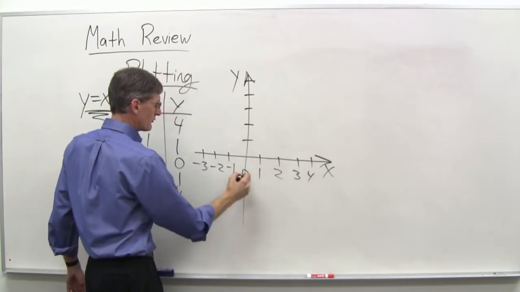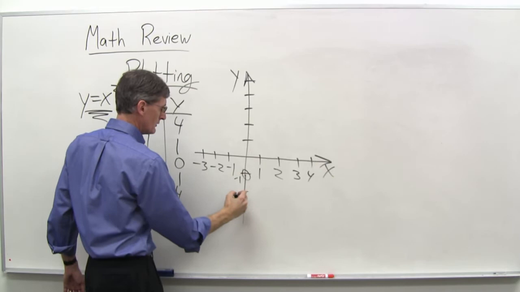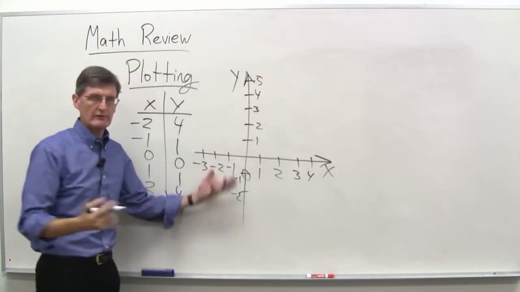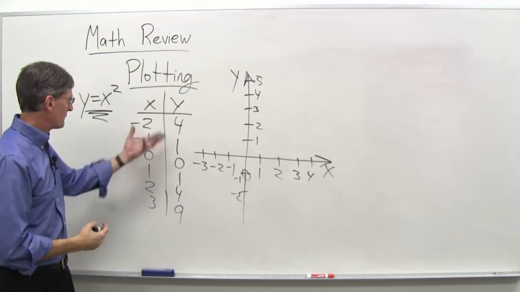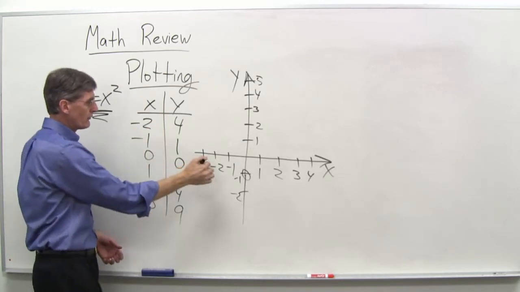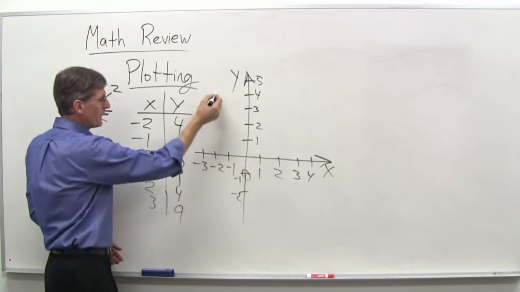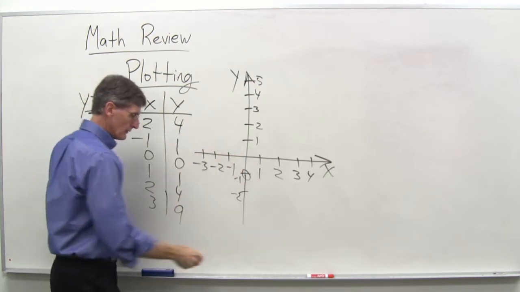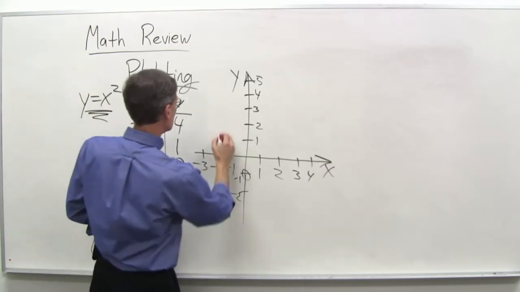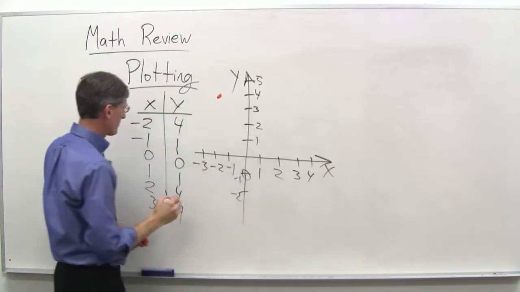And of course, we could be going this way too, -1, -2, 1, 2, 3, 4, 5, etc. And so we plot. So first point, -2, 4. When x is -2, y is 4. So -2, up 4. So there's our point. In fact, let's use red, a little more colorful. -2, 4. We got that. So it's about right there.